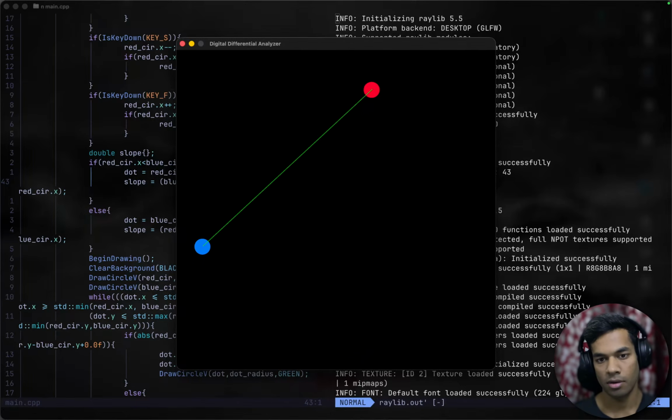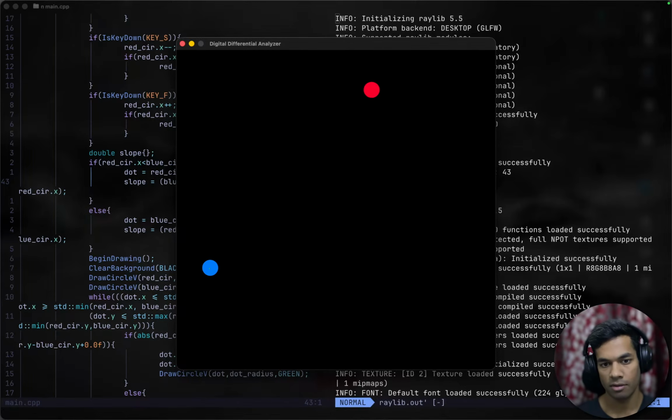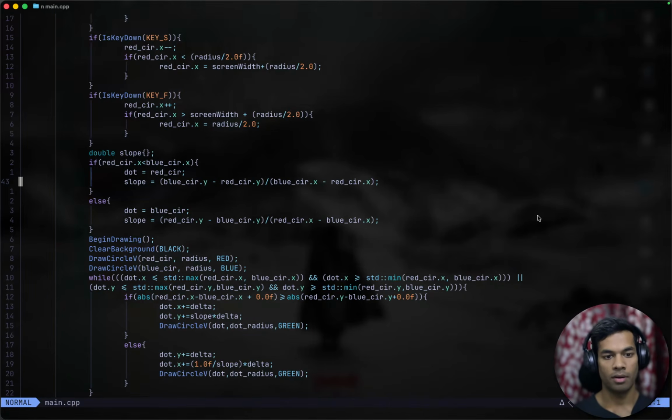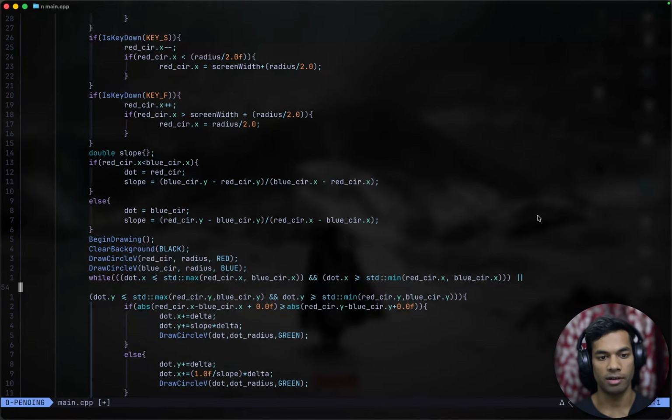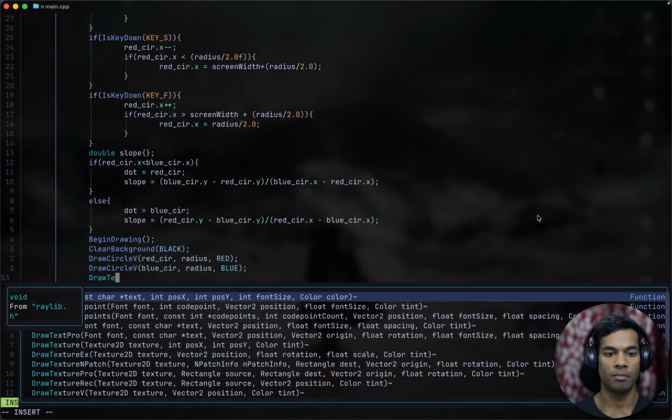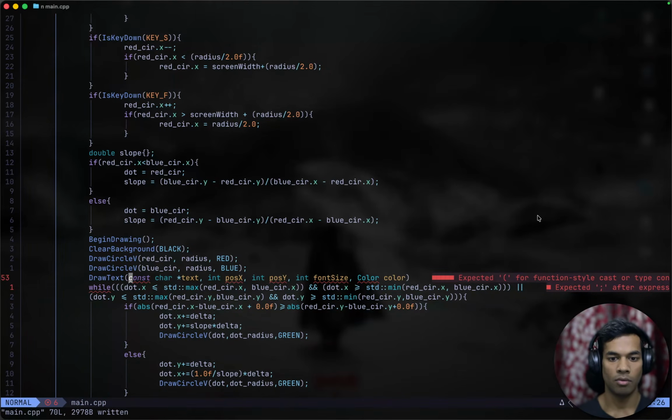But why are we not seeing anything even in this arc here? I guess right now, currently, maybe we are okay. Let's also print, draw text, the location of both the circles, and also the slope. Draw text. What does it take?